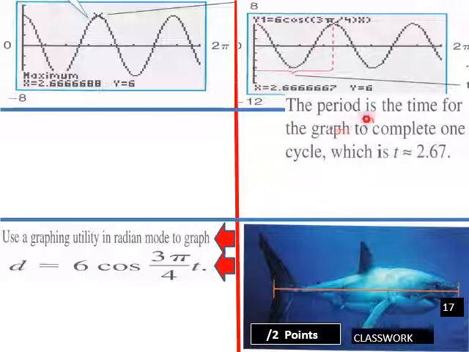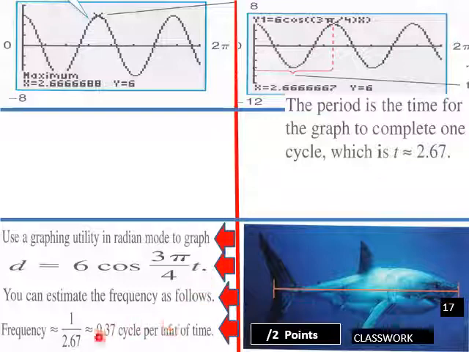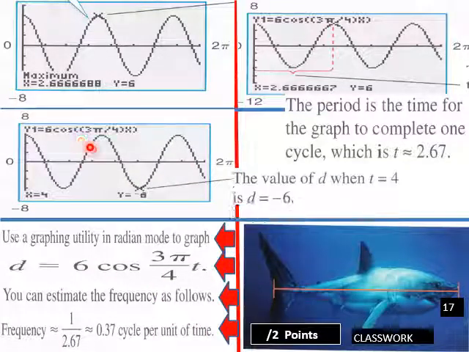And then the period is the time for the graph to complete one cycle, which in this case, from this max to this max, would equal 2.67 on your x-axis, your horizontal axis. And then you can estimate the frequency as follows. Frequency would equal 1 over 2.67, which comes out to 0.37 cycles per unit of time.